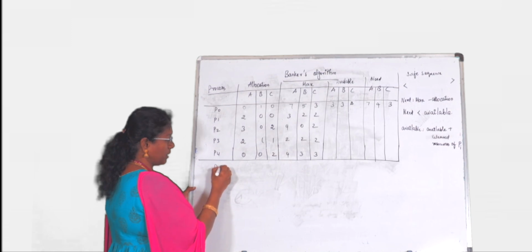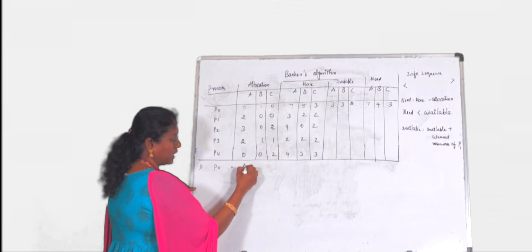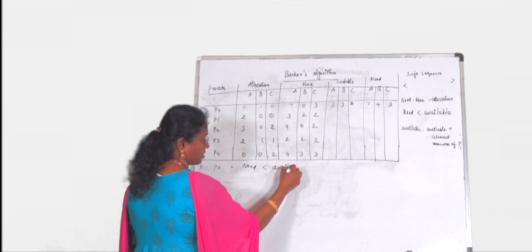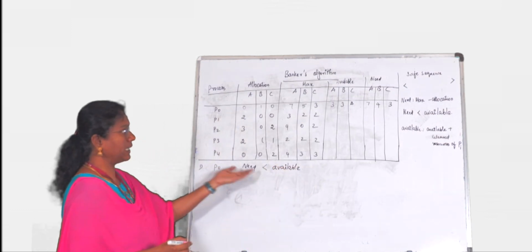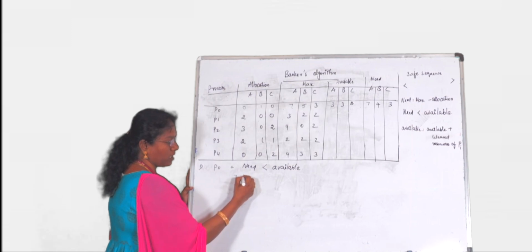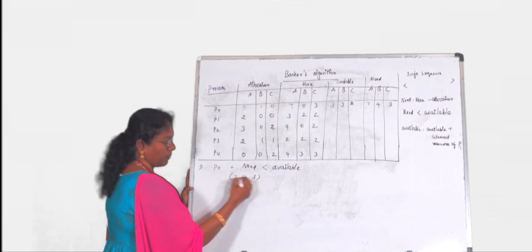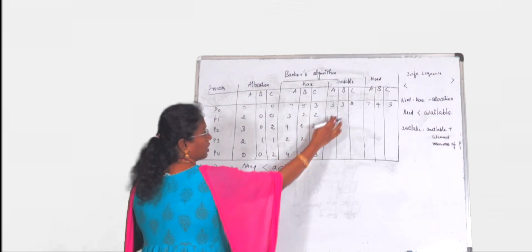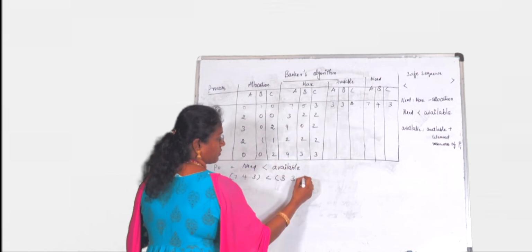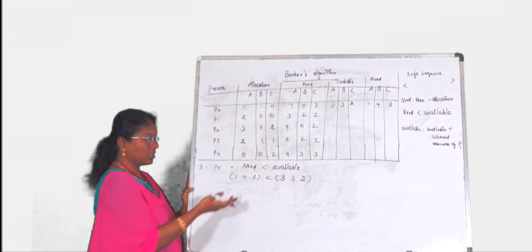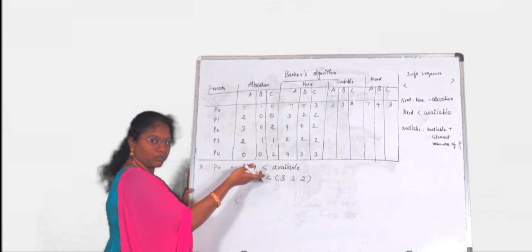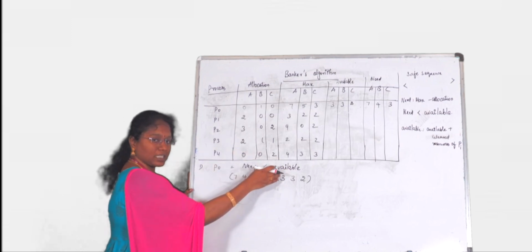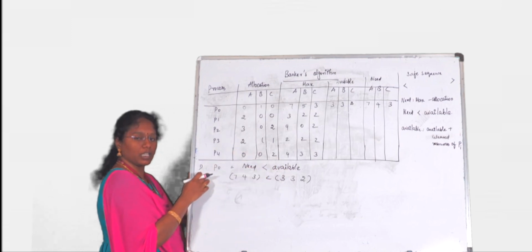For the process P0, the need should be less than the available resources. Listen: the needed resources are 7 of A, 4 of B and 3 of C, and the available are 3 of A, 3 of B and 2 of C. The need should be less than the available resources in our system. Then only the process P0 will execute, else it will not execute.